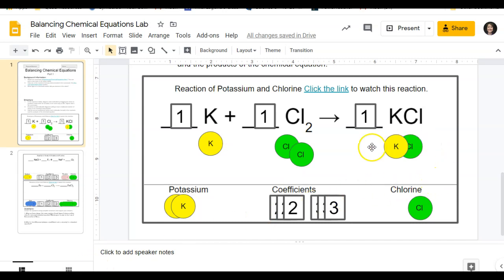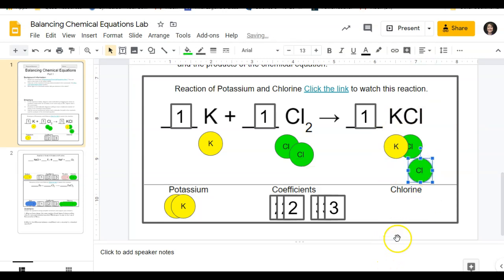So I need to add more chlorine on this side to make it balance. It would be nice if I could just do that, but I can't because it doesn't say that I have a Cl, it says I have a KCl. So if I'm going to add anything, it has to be a KCl, potassium chloride.